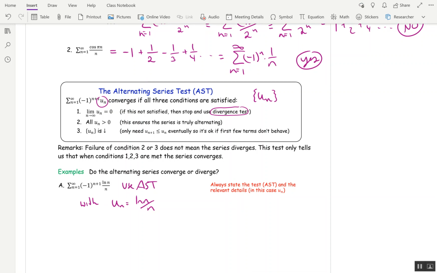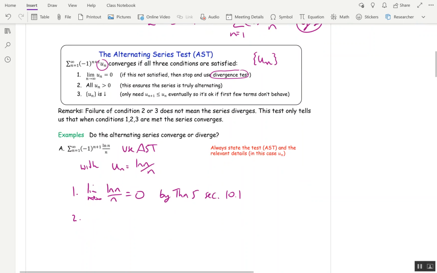Okay, so condition 1, the limit as n goes to infinity of ln n over n. Now that's infinity over infinity, but we know it's 0 by theorem 5, section 10.1. That's one of the limits we're allowed to use for free.